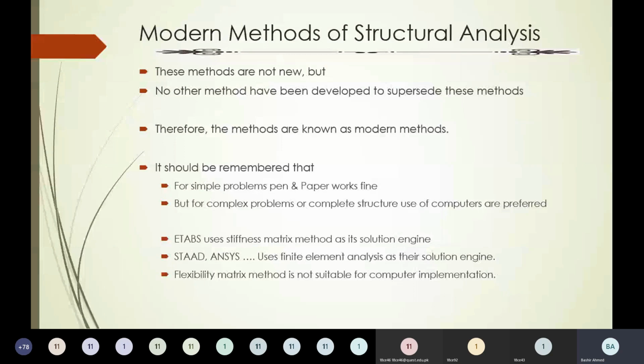So basically the bottom line, buddies, is to learn these methods, to understand these methods, to solve some examples manually. Doing this is mandatory to develop the confidence and to learn the process. When things are done, you are allowed not to use the methods manually; keep on using the software and just verify the results.